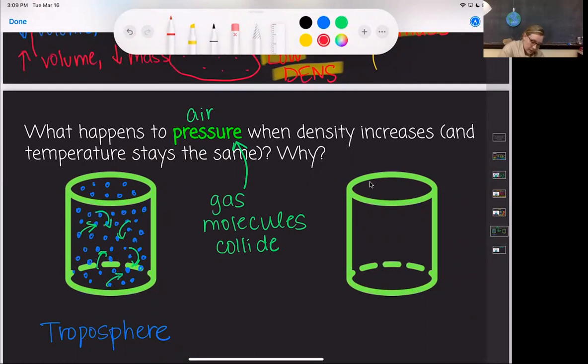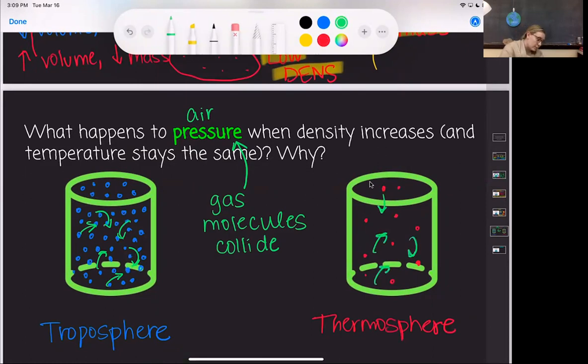In the thermosphere, there's less molecules in a greater amount of space, meaning they're less dense, they're more spread out, but they are still moving. They're still gases. They still have a lot of energy, they're moving, colliding.